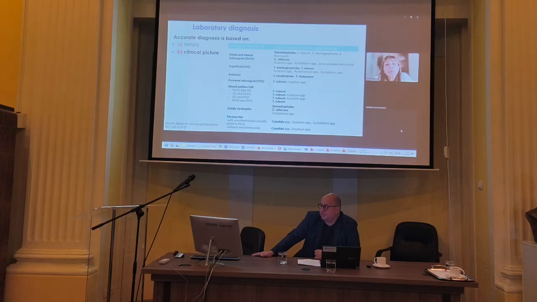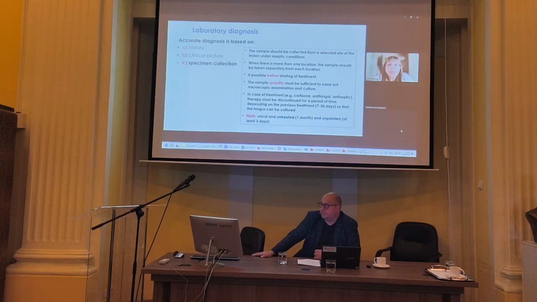For example, in distal lateral subungual onychomycosis, the most commonly associated organisms are dermatophytes and Candida. In totally dystrophic onychomycosis, besides dermatophytes, the cause may also be Candida albicans. And if we have a paronychia with or without onychomycosis, Candida is the main cause.